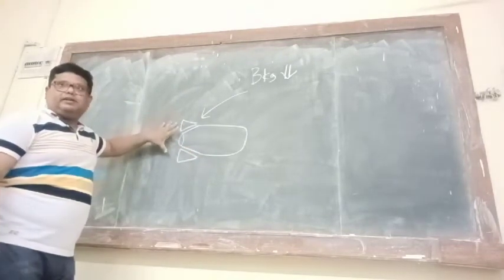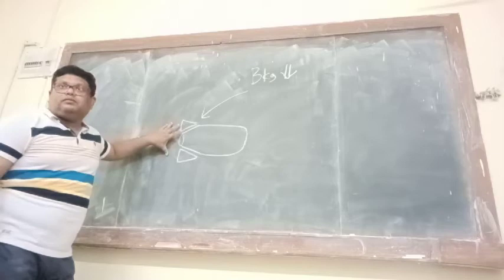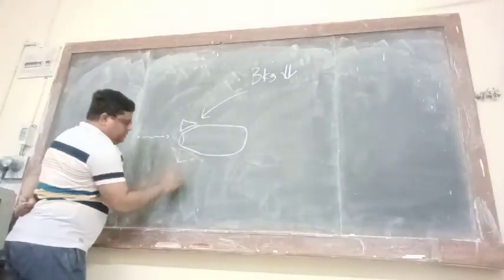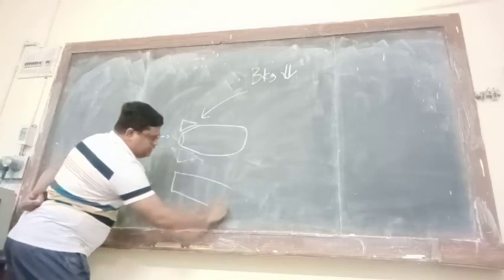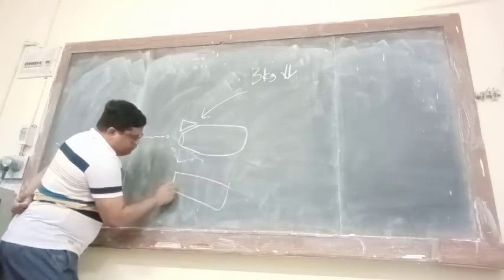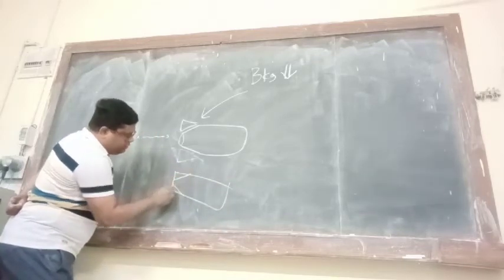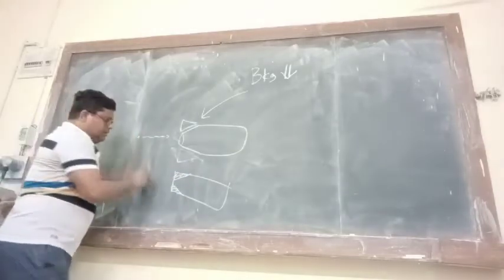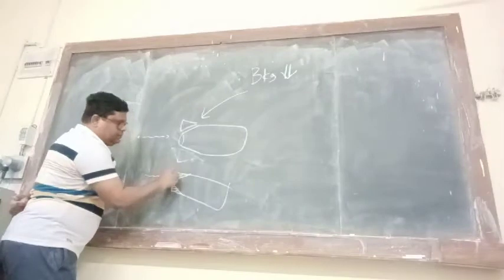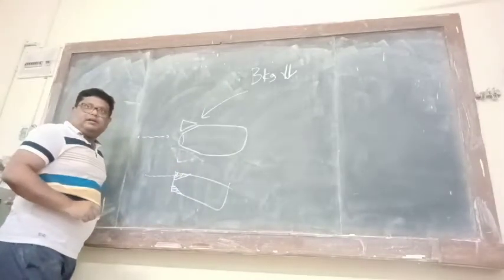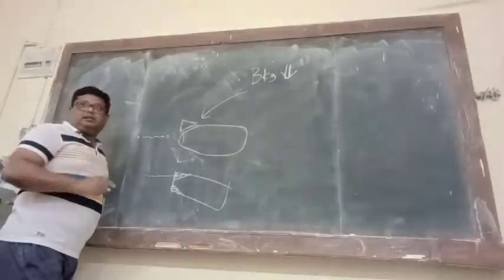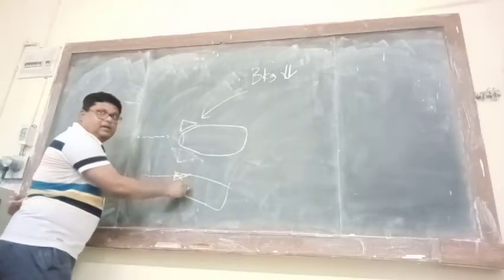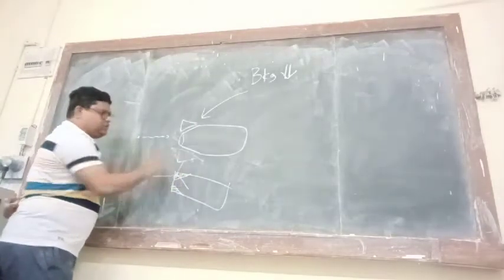This is exaggerated somewhat. Look at this part of the detector. So suppose it is like this, and what I am doing is cutting off this part. Why? The reason is very simple. When the gamma ray comes and interacts with this part and Compton scatters, the probability of scattering into this part is much lower than going outside.